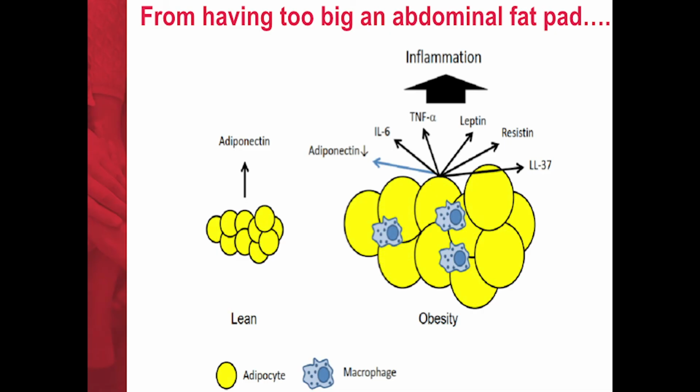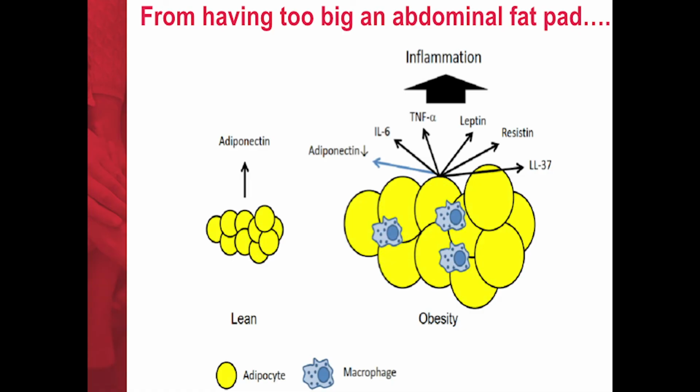And when they get stretched, they secrete stress molecules. They get stressed by being stretched. And so they release factors like TNF and like IL-6. And moreover, they'll also bring in other cells of the immune system called macrophages, and they will also stimulate the production of these inflammatory cytokines.